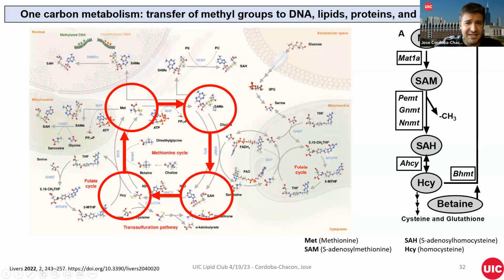After giving these methyl groups, homocysteine is produced. This can be used to produce glutathione, but high levels of homocysteine are known to be toxic for the cell. So hepatocytes express betaine-homocysteine methyltransferase, which remethylates homocysteine into methionine, okay? And that is to prevent the toxicity.